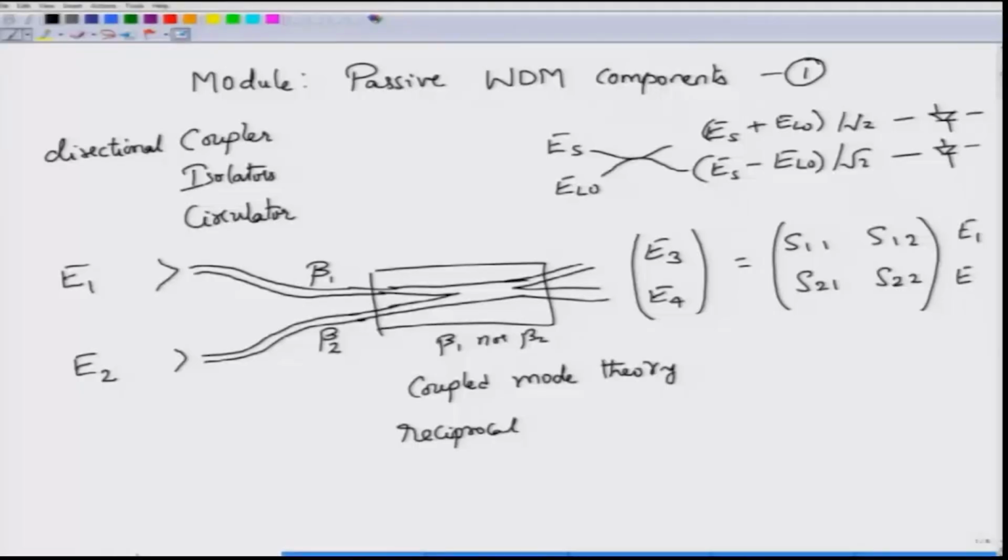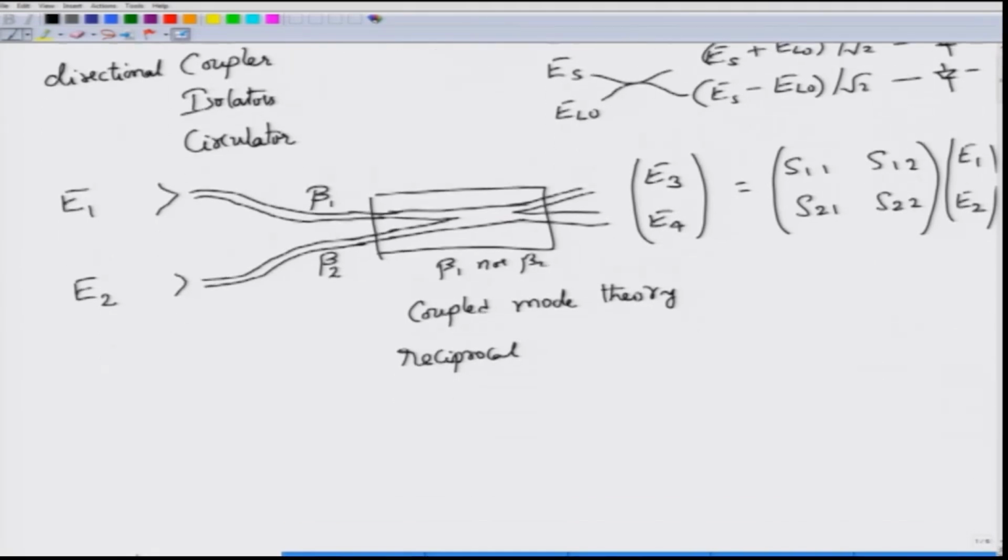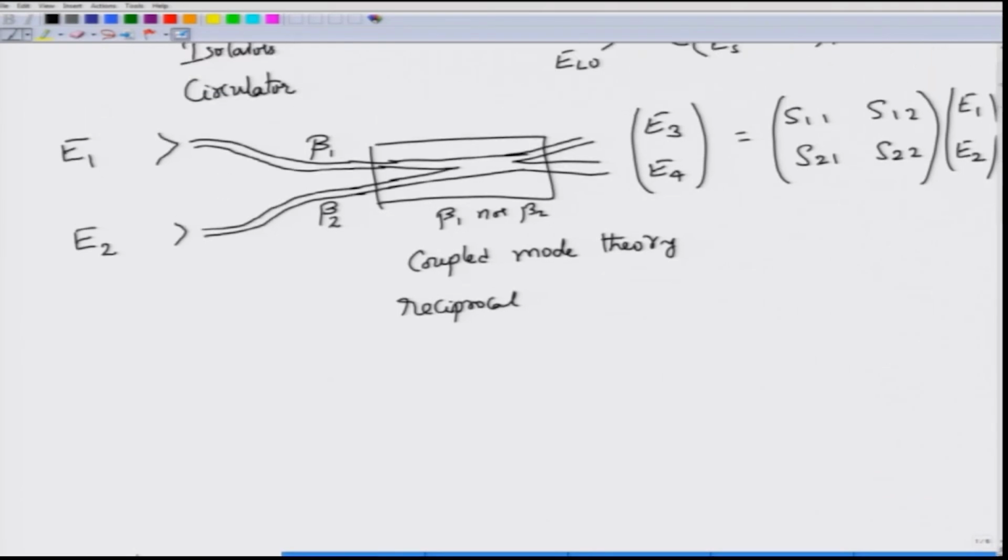So, coming back to the matrix relationship between the electric field at the output and the electric field at the input, this is the relationship. I hope this E1 and E2 are visible at the end. Anyway, we will write them down slightly better here. You can see that the output ports are linearly related to the input electric fields.